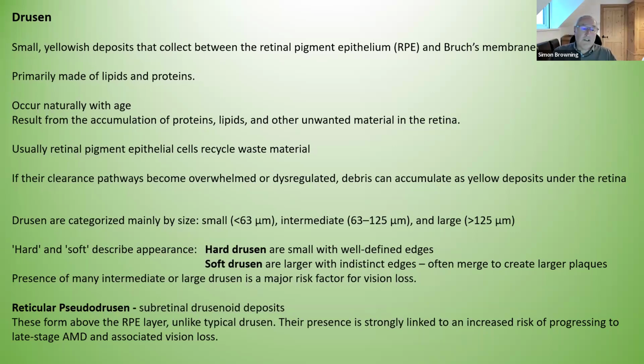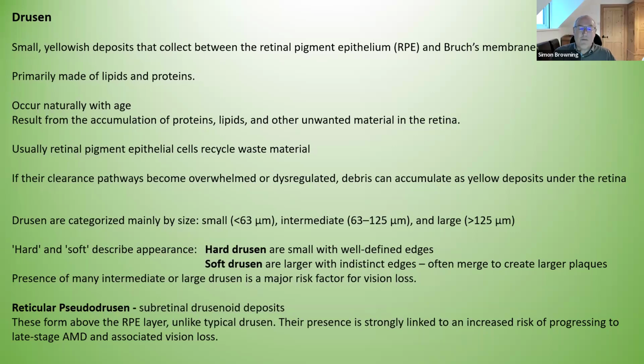We have reticular pseudodrusen. These are subretinal drusenoid deposits. So you remember at the top there, I said how standard drusen appear between the RPE and Bruch's membrane. Well, reticular drusen are at a different depth. These form above the RPE layer, unlike typical drusen.